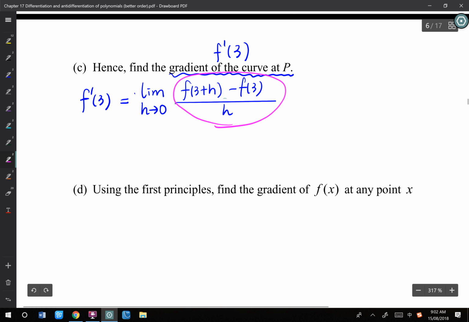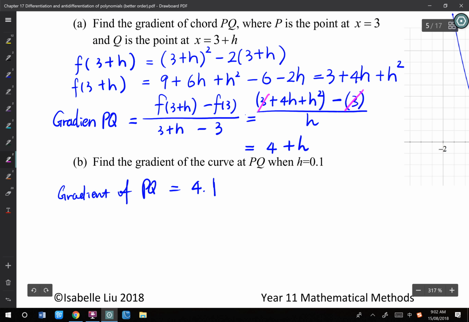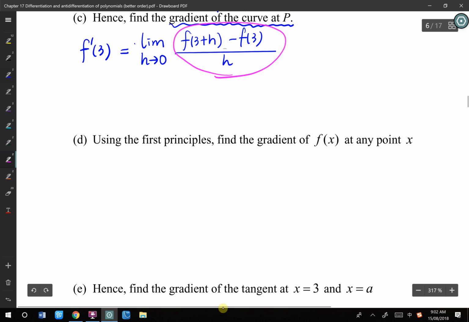Do you know this? What's that? It's 4 plus h, right? What we worked out, h plus 4, 4 plus h, in question A. You already worked out what f(3 + h) minus f(3) over h is. So that's 4 plus h. So what I have is the limit as h approaches 0 of 4 plus h.